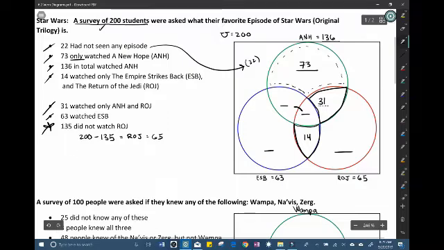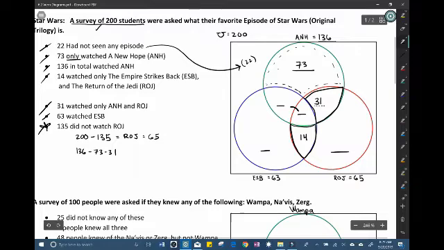So what we could do is take 73, 31, and 136. We know 136 minus 73 minus 31 means this piece here must be 32. Okay, so essentially we found this whole circle, that's 32.